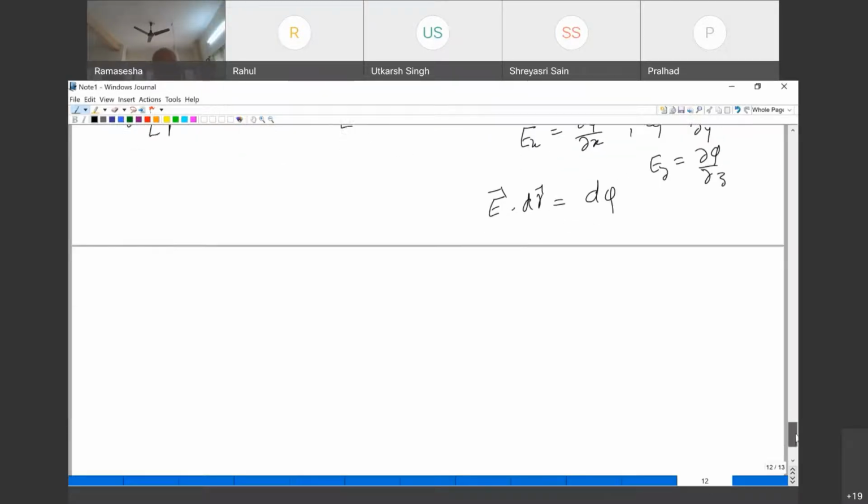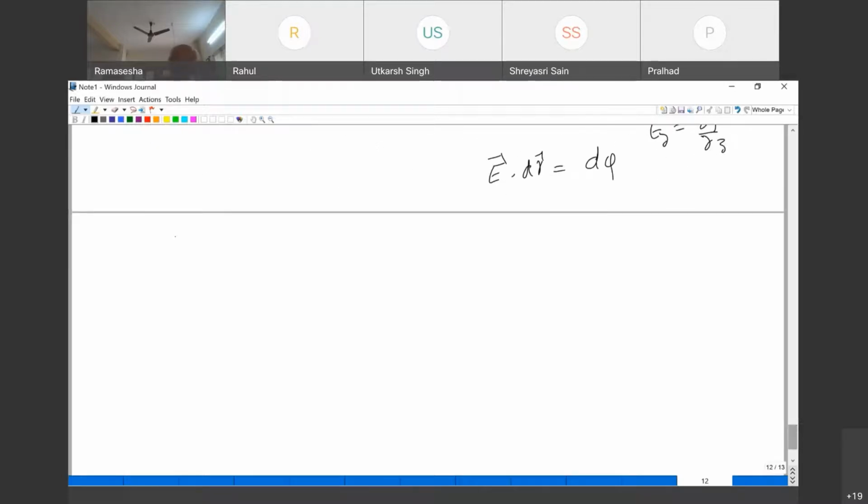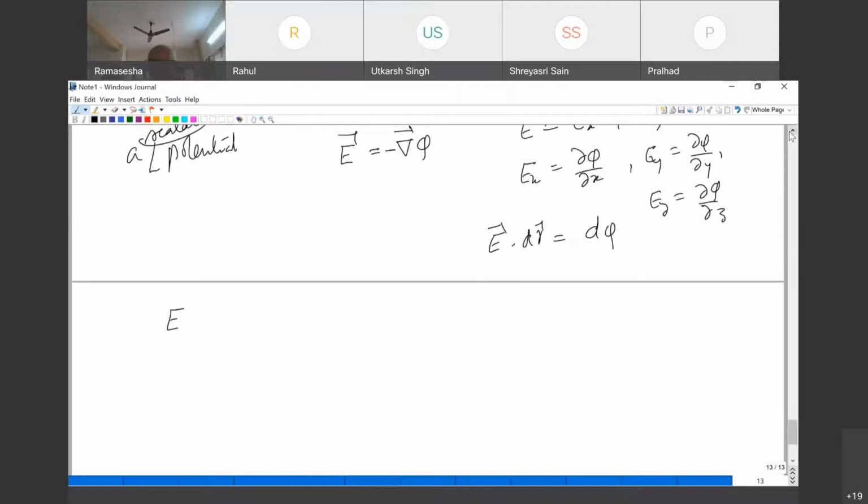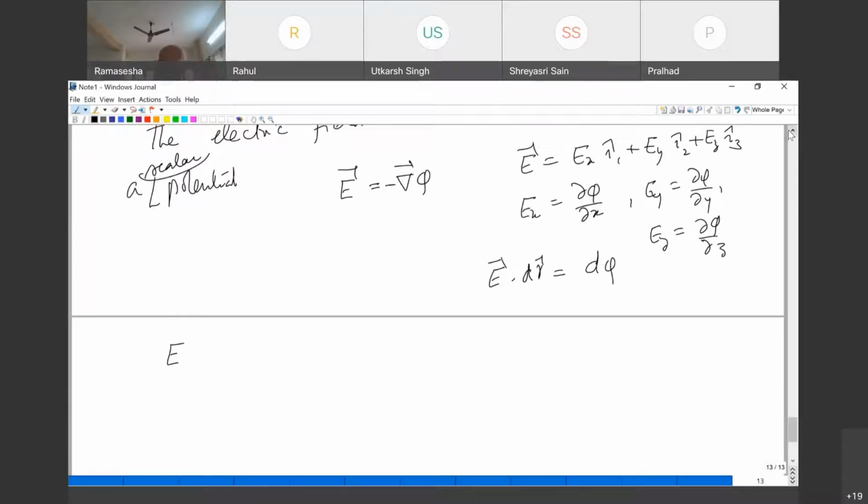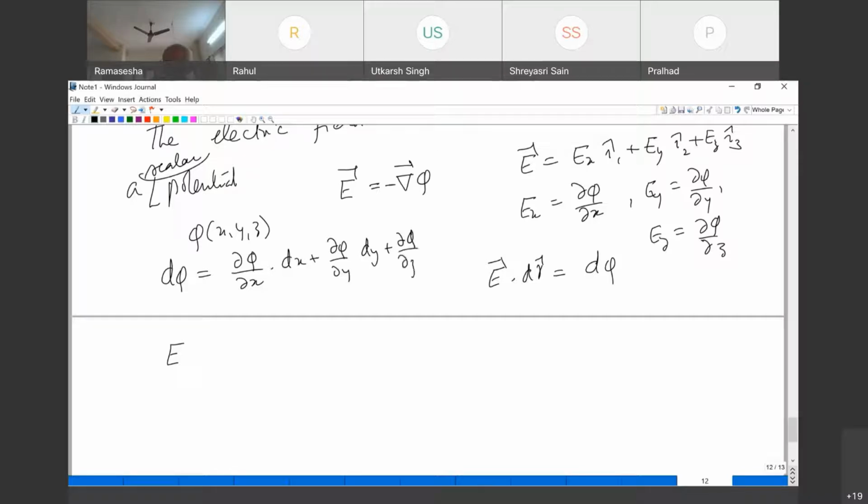Is it clear? Could you explain the last line, E dot dr equals d phi? See, what is d phi? Phi is a function of x, y, z, right? Yes. So d phi is equal to del phi by del x dx plus del phi by del y dy plus del phi by del z dz, right?